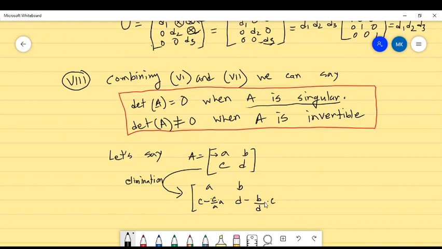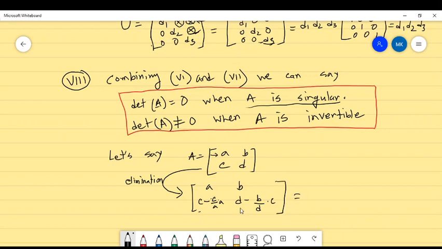What do you do in case of elimination? You multiply something with the first row and then you subtract it from the second row, right? So you multiply the first row by c by a, and then you subtract it from the second row. I think it is alright.